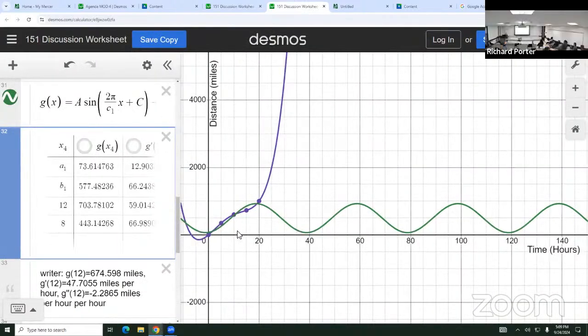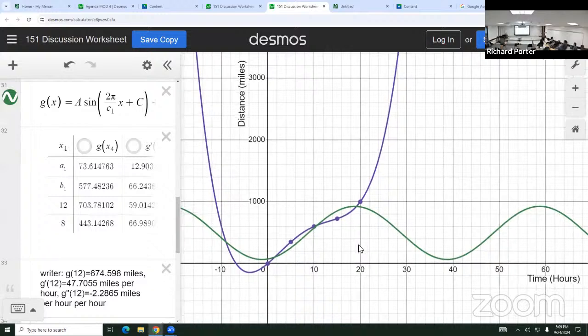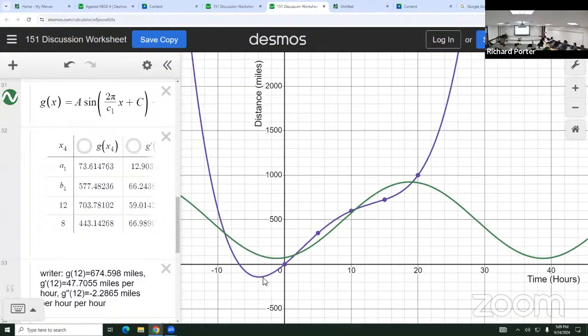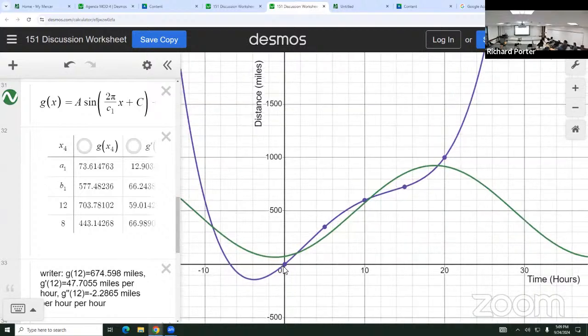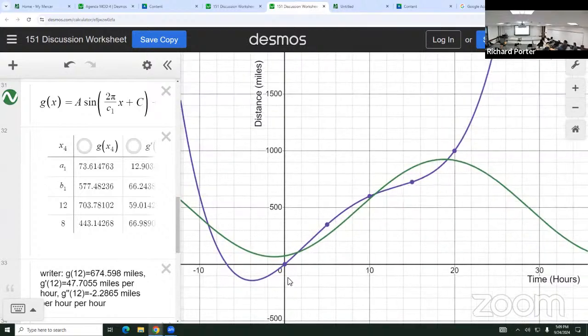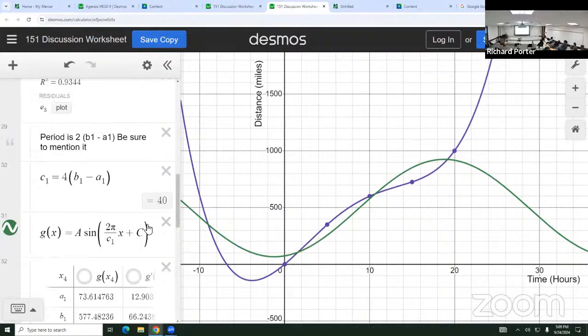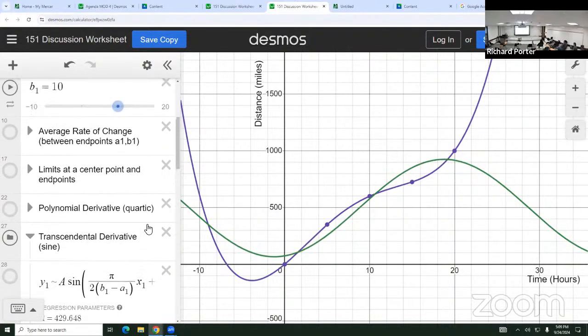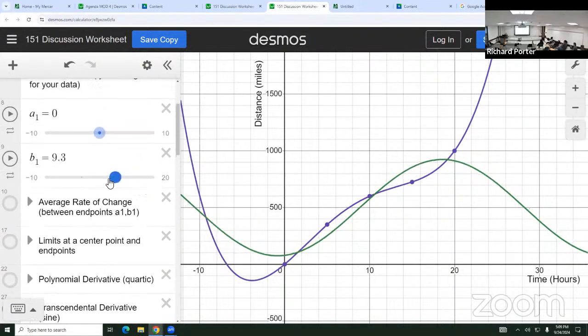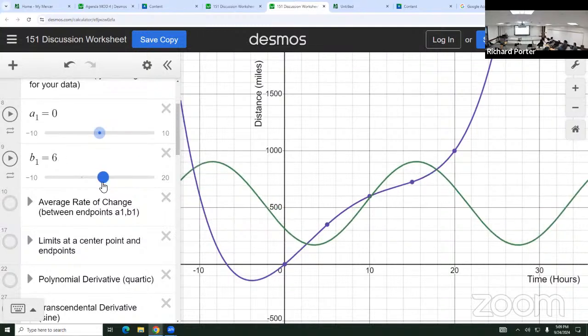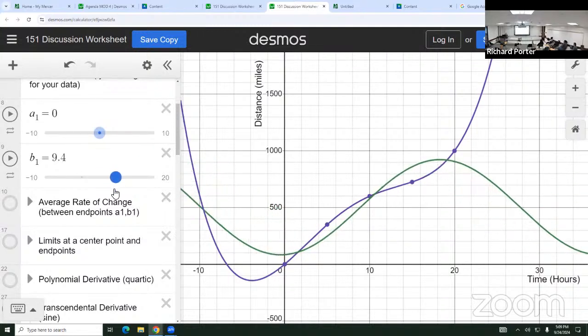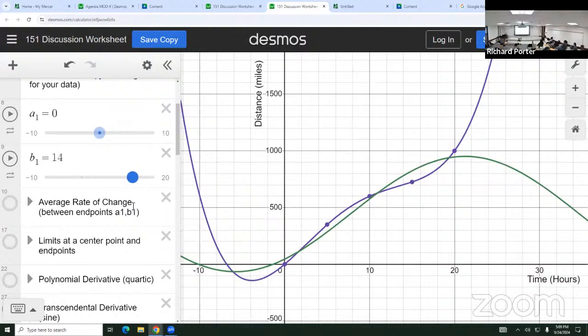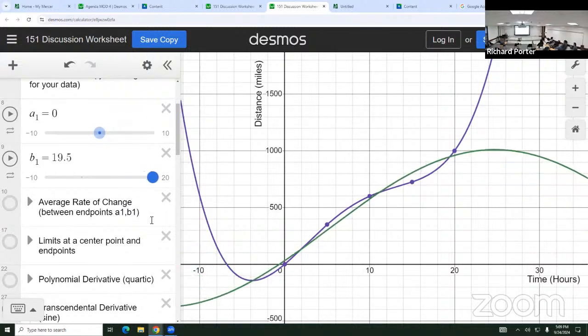Do you see how the regression looks? Actually, the sine regression doesn't look bad here. The green and the purple are kind of close. Not really close, but kind of close. Look what happens if I change the B value, I change the period. How about that?